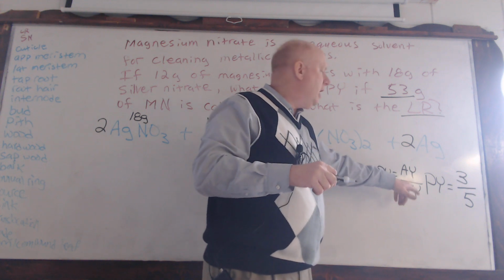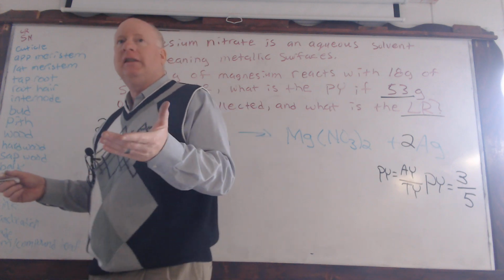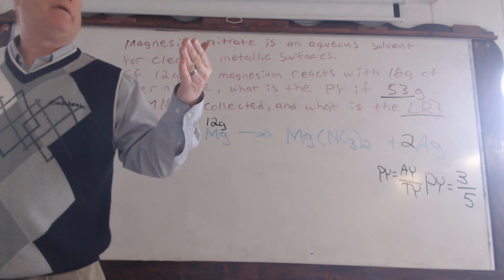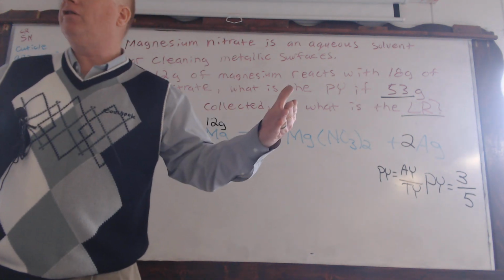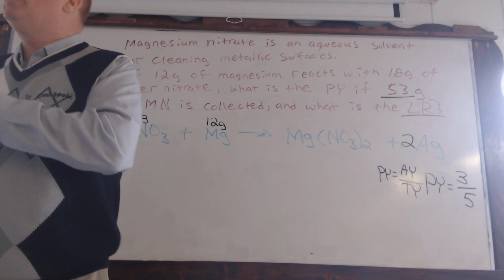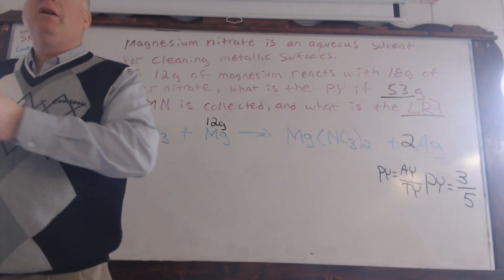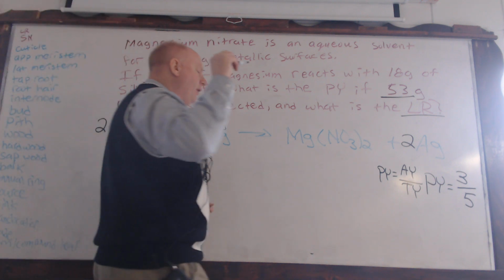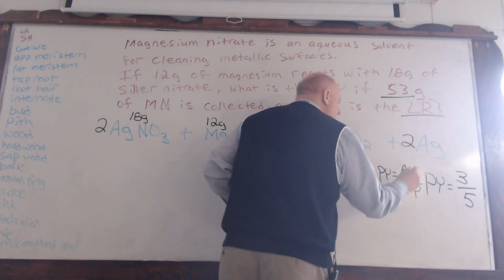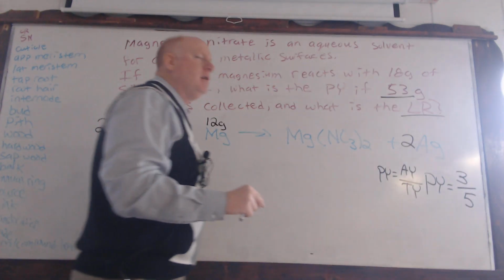But you're never going to get a 100% reaction because there's impurities, there might be some water left over that might throw off your mass just a little bit, okay? My point is you're never going to have your actual yield match your theoretical yield. But theoretical yield is always on pencil and paper, okay?